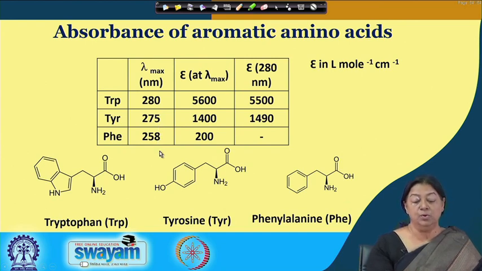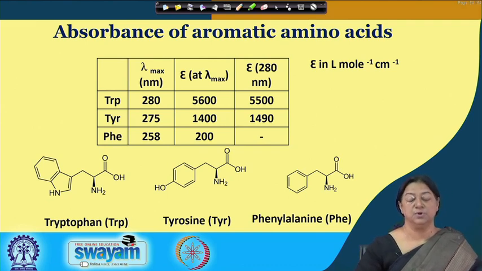Now, when we shine light on the molecule at around 280 nanometers, 275 nanometers and 258 nanometers, these specific aromatic amino acid residues are going to be excited, they are going to show an absorbance. Since a protein has phenylalanine, tyrosine and tryptophan present, it will give a specific absorbance.